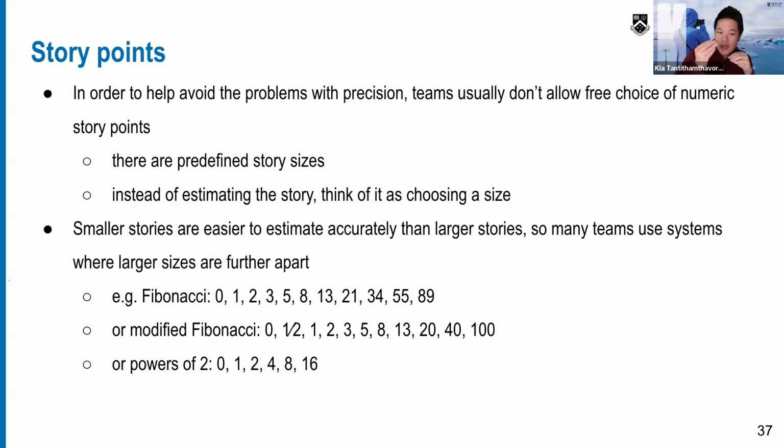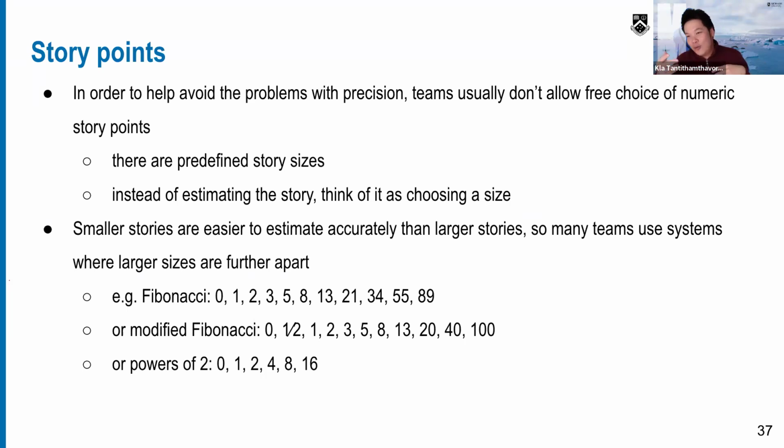When we use the Fibonacci scheme, let's say a user story is 1. It means that this user story is the standard. There's no relative yet. User story 1 is like the standard.